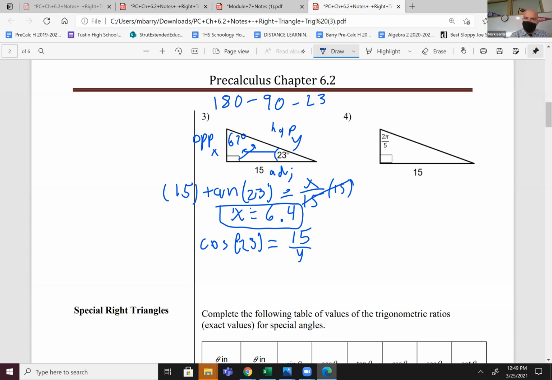So you're going to multiply the variable, the y, over to the other side, and then divide the trig function back over to the other side. So that's going to be y equals 15 divided by cosine 23.